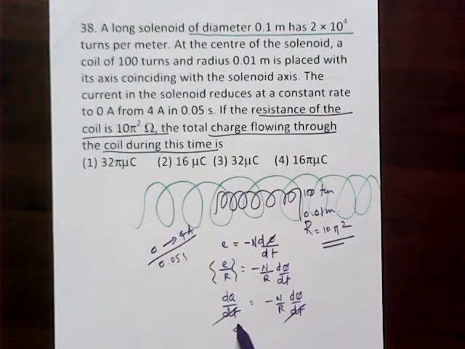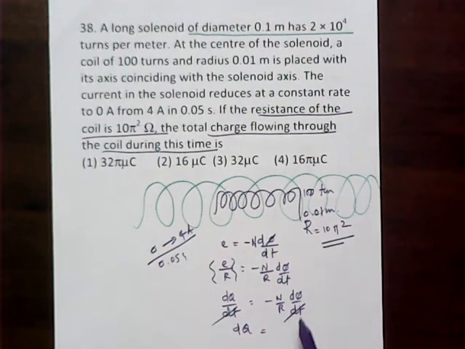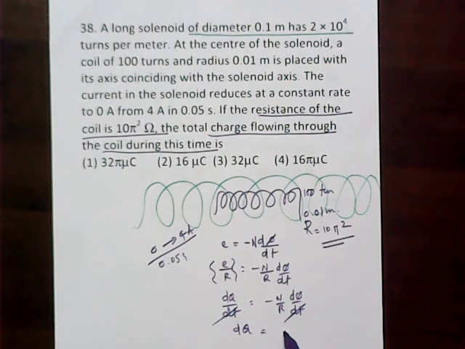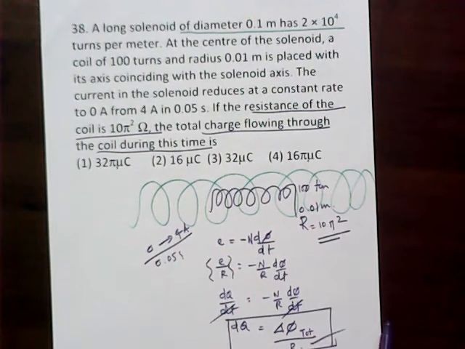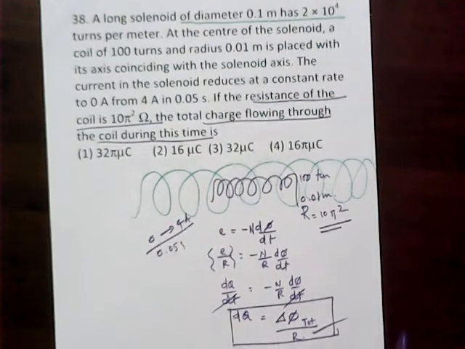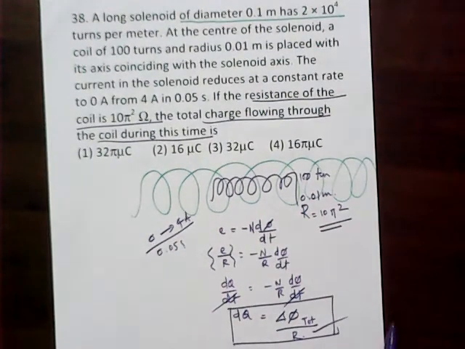In magnitude, the charge flowing is equal to, the very important concept, delta phi total divided by the resistance. The capital R is the resistance. That is very important.